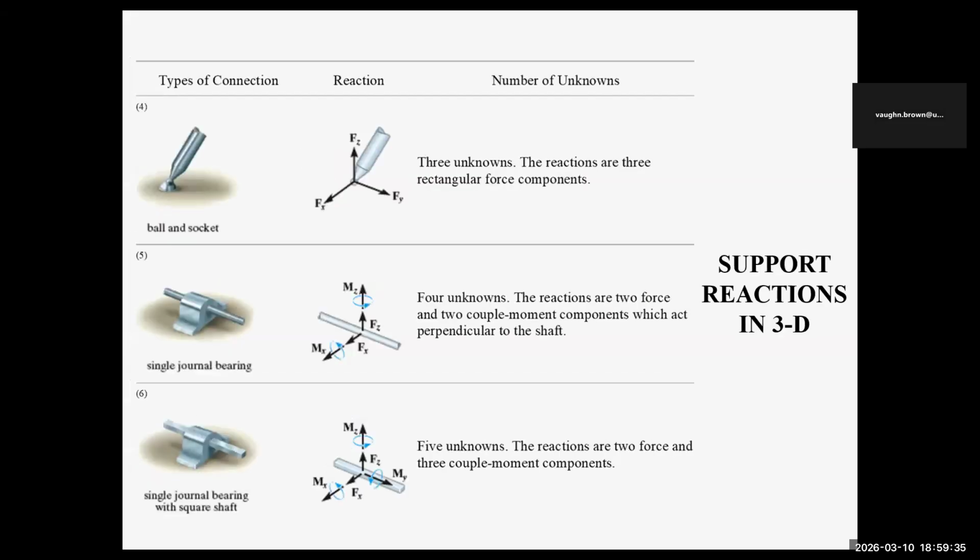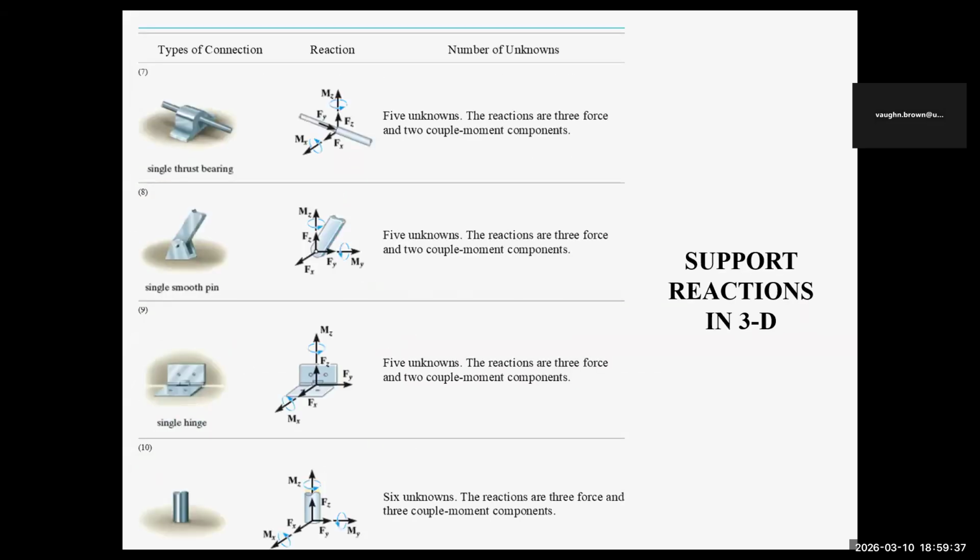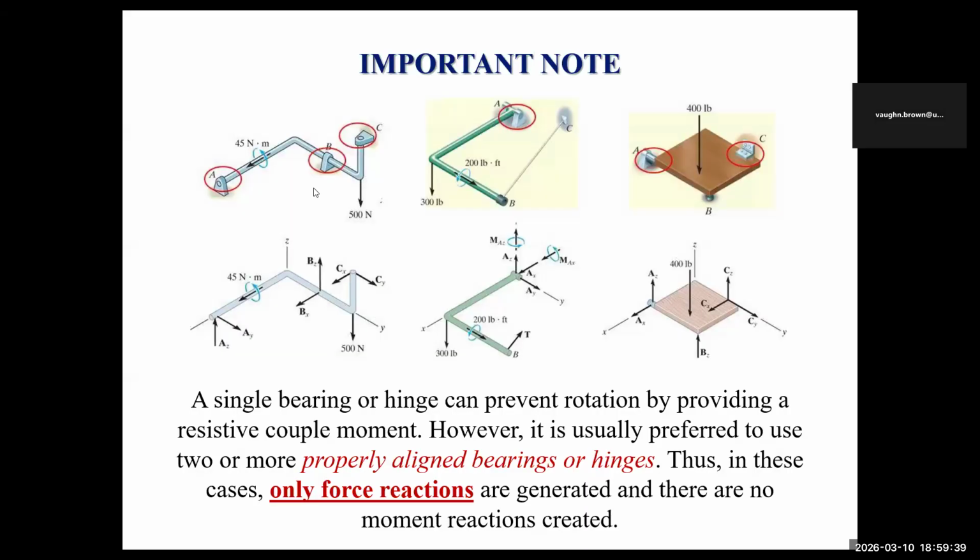We had done all of those before, so we're just going to jump on. Here now we have some important notes. This is constrained here and here with different bearings, and another bearing here, but a load is here, so you can see it. And then similarly, you can see one is constrained here.